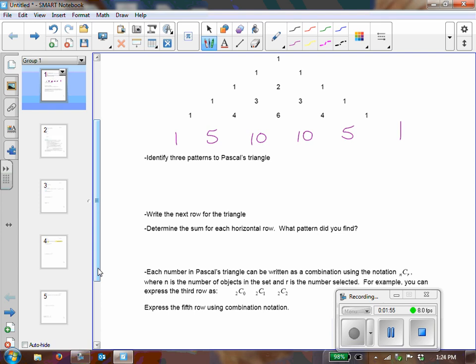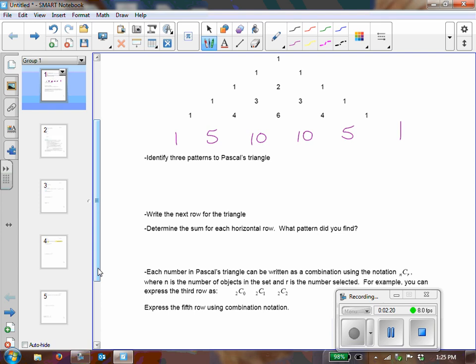So let's talk about the patterns in it. The first pattern we already talked about. It's the adding together. 1 plus 1 is 2. 1 plus 2 is 3. 2 plus 1 is 3. You see the pattern there? Find another pattern. It goes 1, 2, 3, 4, 5 in the second diagonal column, so it's going to keep going up. So this one you anticipate to be 6.